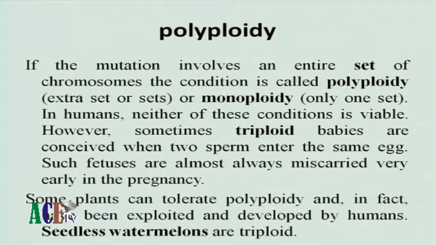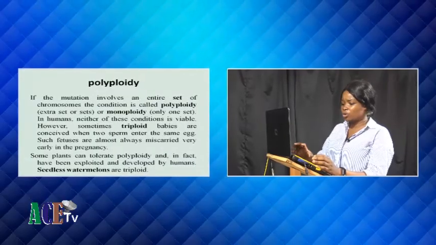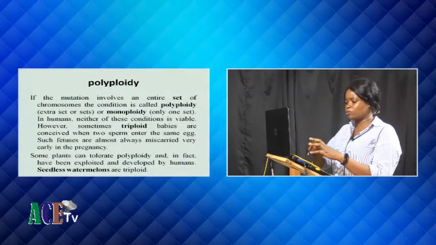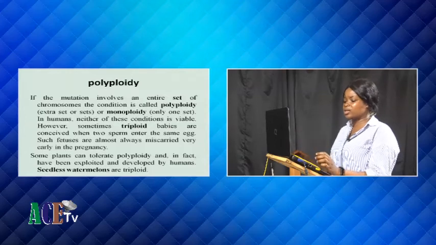human beings exploit this condition, most of the time, to make their fruits big. So you have the case of the seedless watermelon. Instead of it producing seed, they direct all the effort to the fruit.